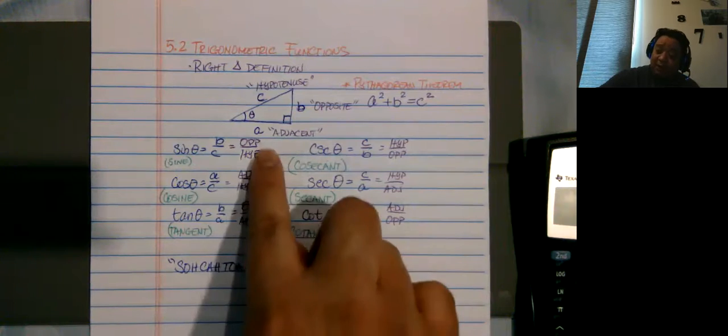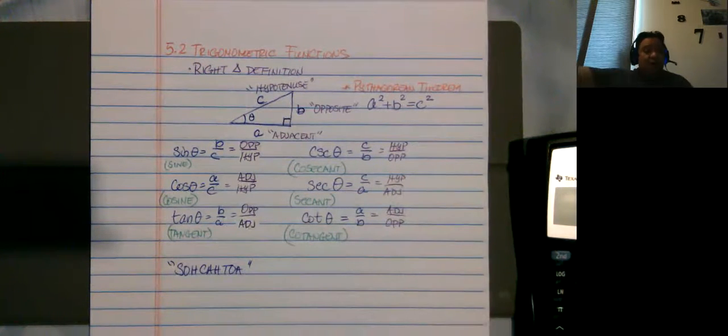And I actually memorized these definitions. Now, the reason you want to memorize them is, as I mentioned a while ago, we are going to do word problems. And those word problems involve right triangles. The idea is you're going to use your trig functions to help you solve a right triangle.